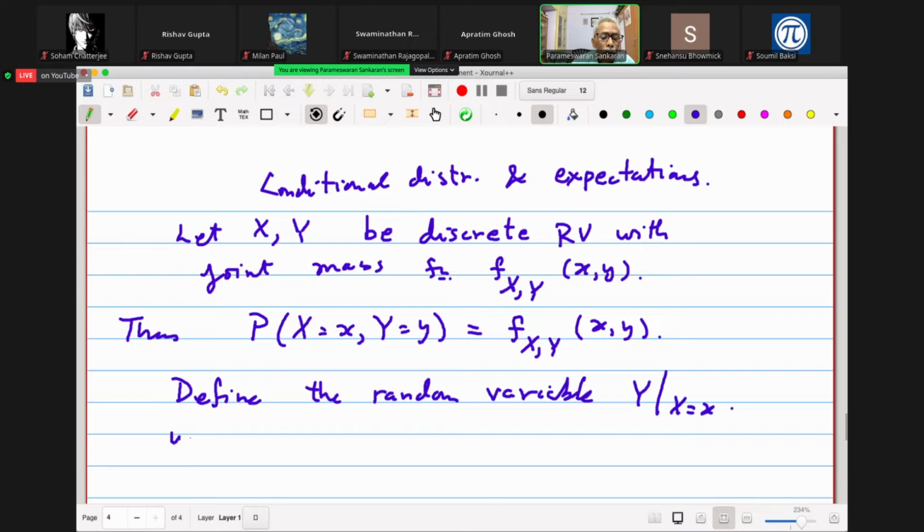You need to assume that the probability of X equals x is not equal to 0, as follows.